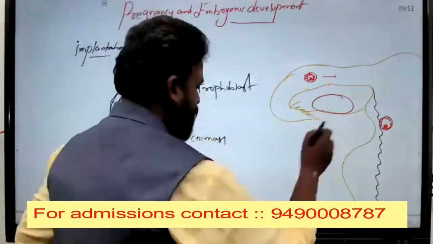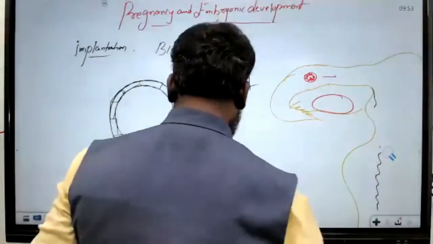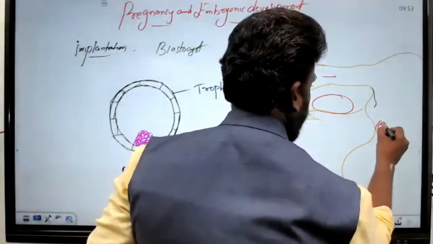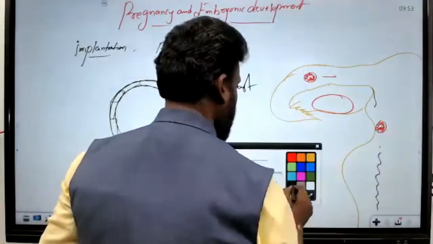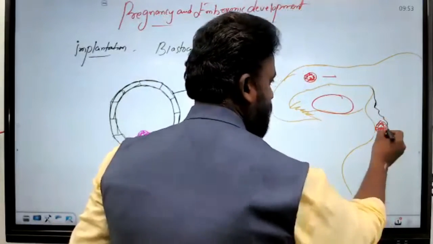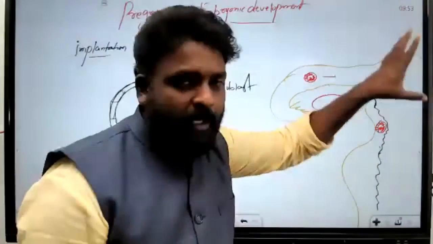Clear? Now, after insertion, after it enters inside, the endometrium covers what? The blastocyst. Got it? This is implantation. Good.